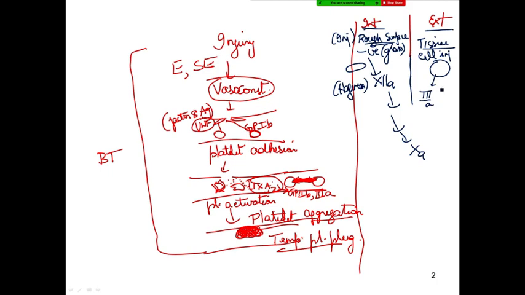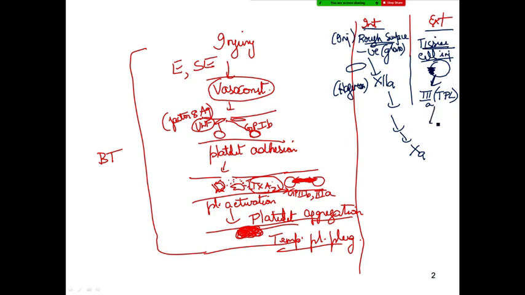The other name for it is tissue thromboplastin, which is found on the cell membrane. So for it to get released, the cell membrane has to rupture. So mainly it is tissue or cell injury.